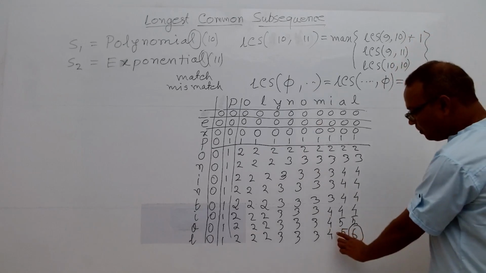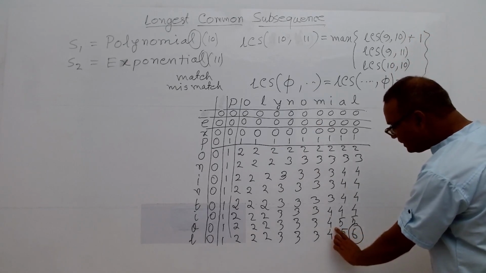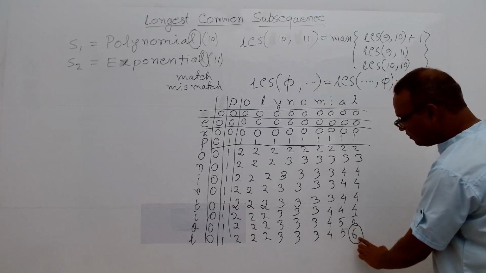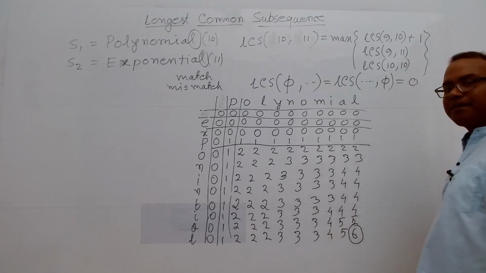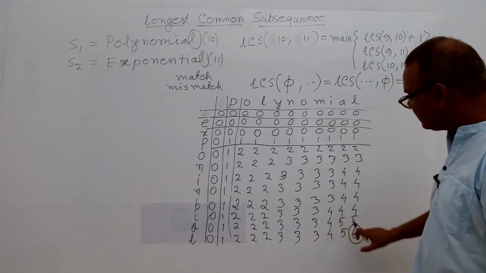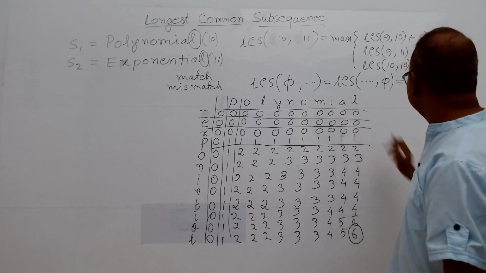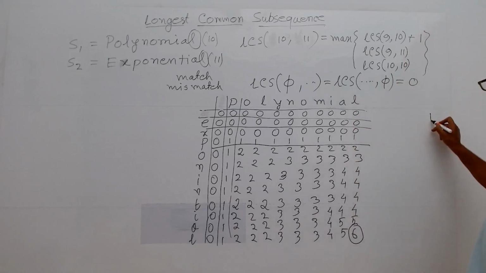So the main thing is you have to check where this 6 became 6 from the 5. Okay. So this 6 became 6 from the 5 from this last option, and the corresponding character is L. So let's write L. It is going to be selected in the output.